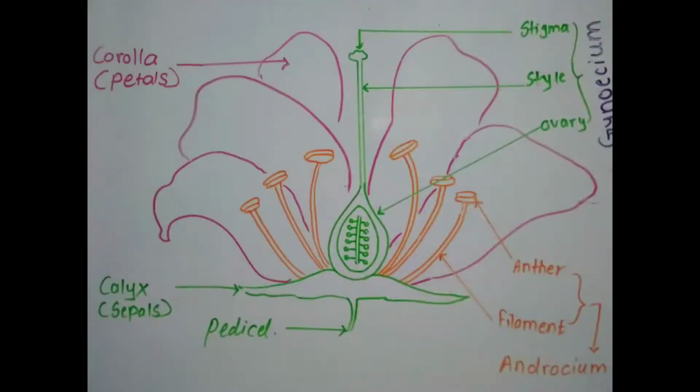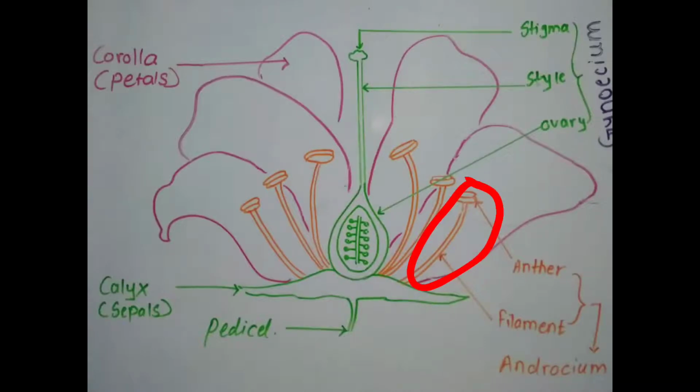So this is a diagram of a flower. We know that the flower is a structural unit of sexual reproduction in plants. The same diagram we have already seen in my last video, right? If we see the parts of the flower, this is androecium, the male sexual organ in the plant.